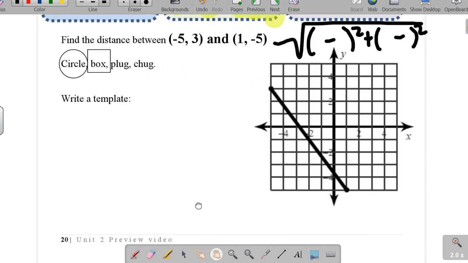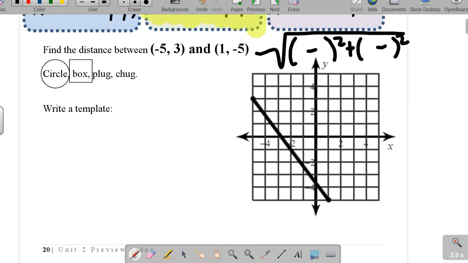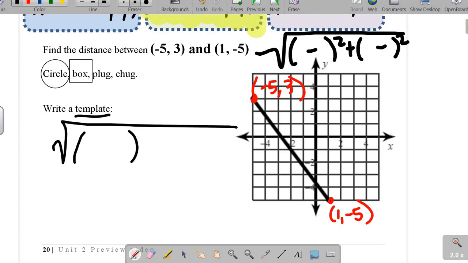We're going to find the distance here between these 2 points. So negative 5, 3 is right here. Positive 1, negative 5 is right here. We start by writing a distance template.